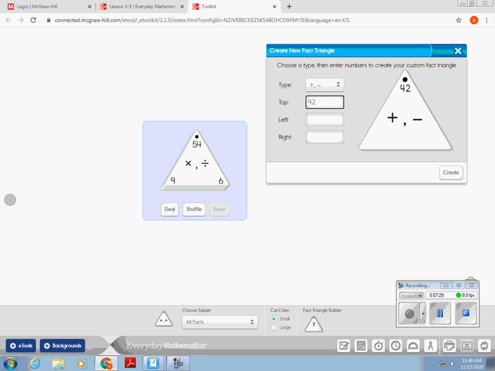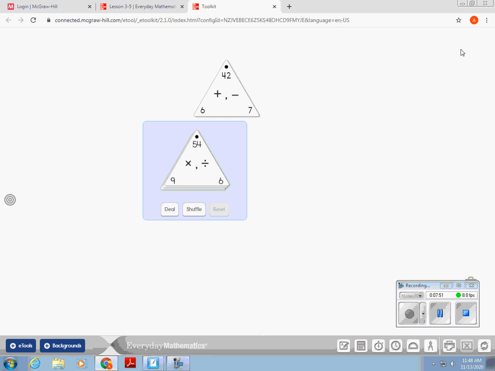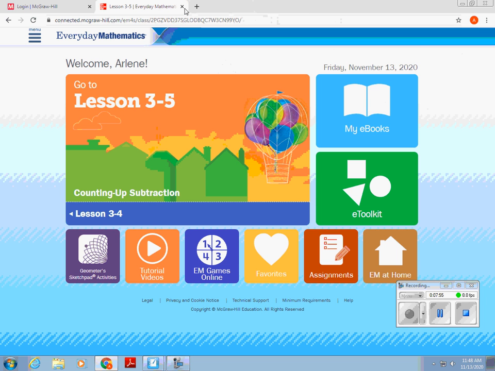Then you would put in the numbers that would go with 42. Okay, so your left would be 6, and then your right would be 7. Create it, and there it is. So you could practice this way also. Either way would be a way to practice.